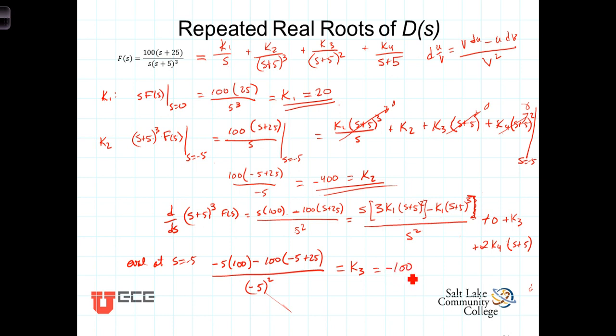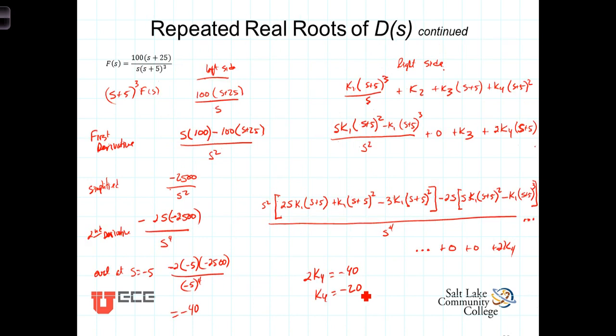So, very quick review. We take and multiply both sides of f of s by the s plus 5 quantity cubed term. But before evaluating it at s equals minus 5, we take the derivative of both sides and then evaluate it at s equals minus 5 to give us this k3 term.